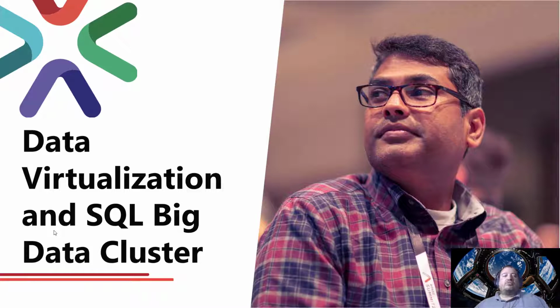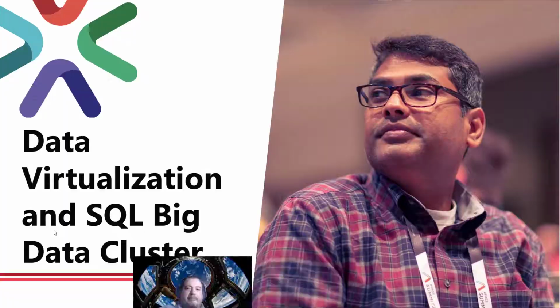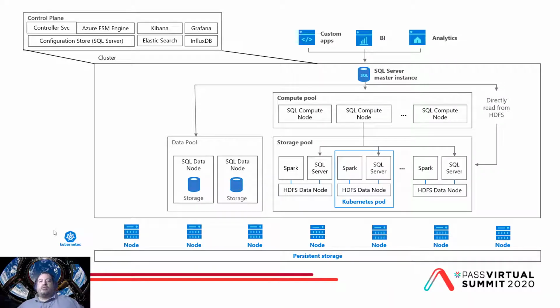How does data virtualization work with the SQL Big Data Cluster? Simple. We have two features inside the Big Data Cluster to work with data virtualization. You can think that one of the features is for unstructured data and the other is for structured data. Not necessarily. The point is, we have two features.